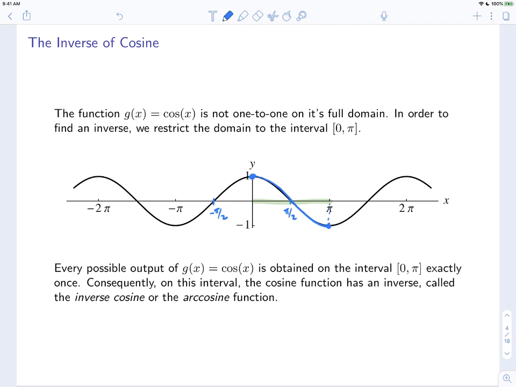And again, like sine, we achieve them only once. We achieve all values of cosine, but precisely once. So on this interval, the function is one-to-one, and so it has an inverse. And again, you can see that it passes the horizontal line test here. So it is one-to-one and has an inverse, but just on this interval. The inverse of cosine is called inverse cosine, or as it's also known, arc cosine.